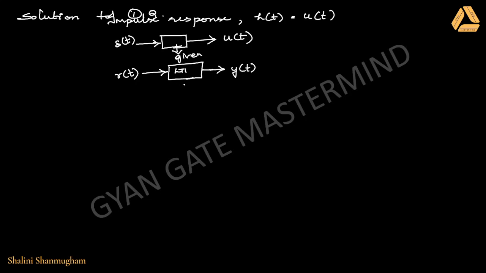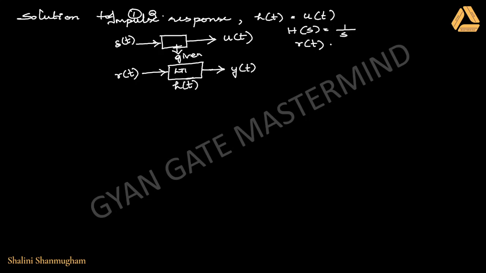So the impulse response is denoted by h of t here, which is given by the unit step function. Taking Laplace transform, h of s is equal to 1 by s. So taking Laplace transform of unit step function is 1 by s.